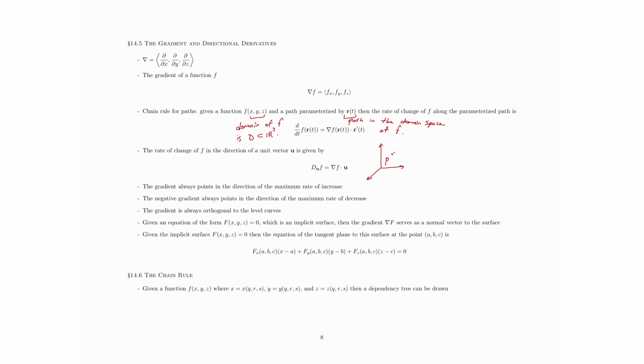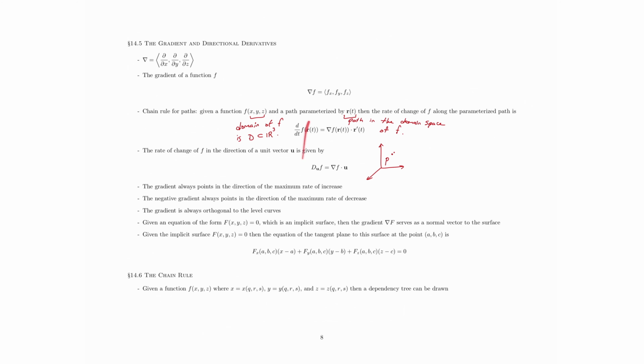So this notation here stands for the directional derivative of f in the direction of u, and this u is assumed to be a unit vector. If this vector u is not a unit vector, then it alters the rate of change in an inaccurate way.